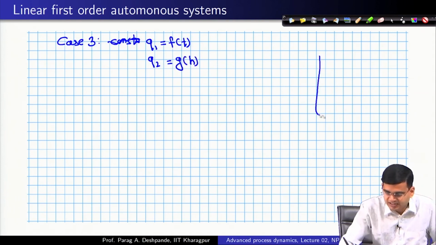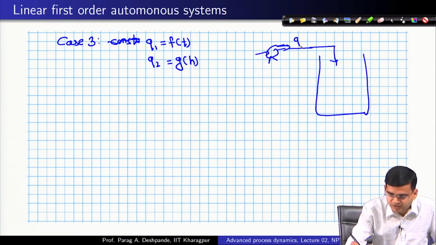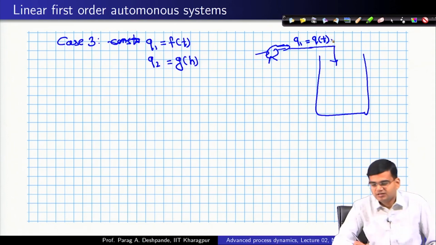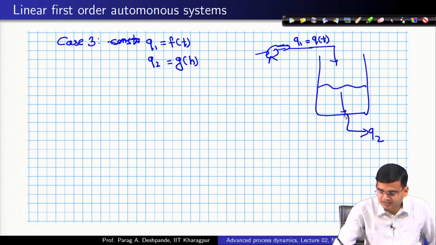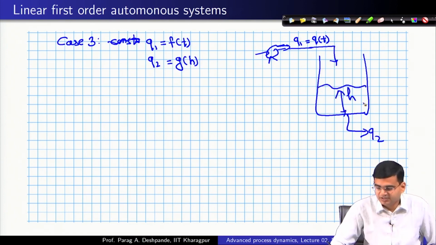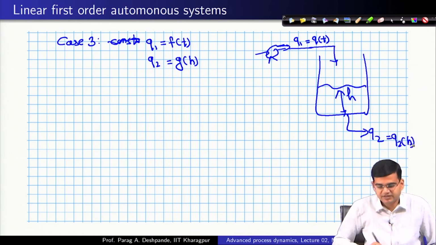So, let us say that I have put a pump here, okay. So, Q1 I have a method to make it a function of time, and then I have Q2, here is h, and Q2 is a function of the level of liquid.